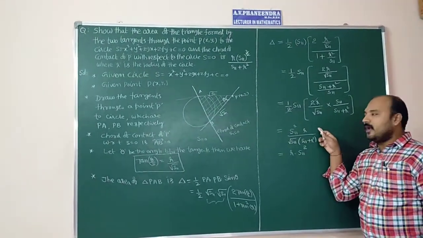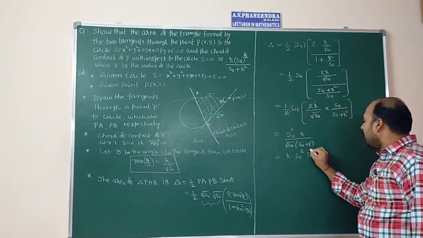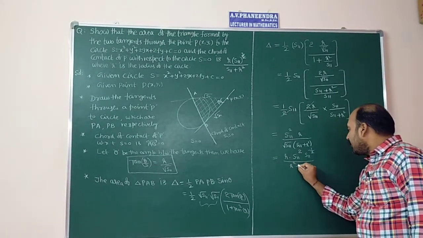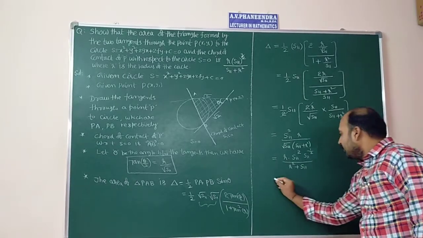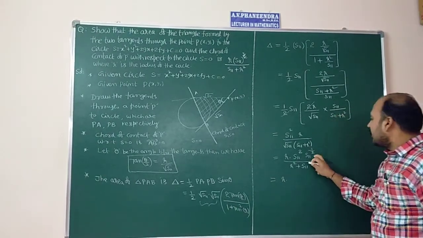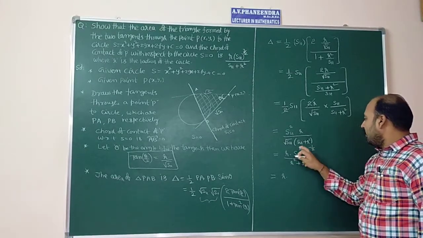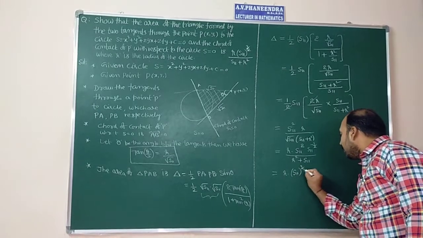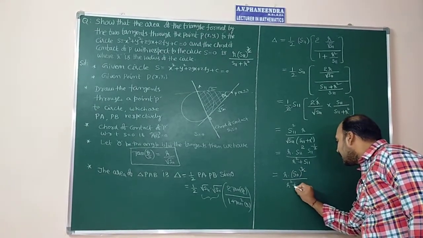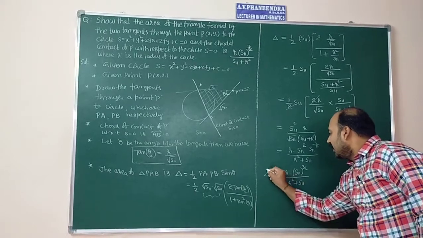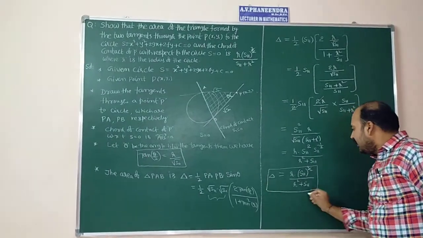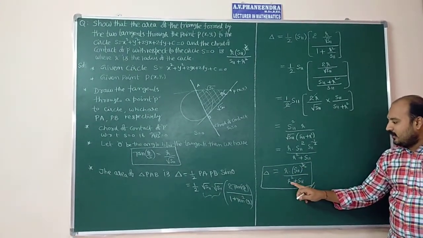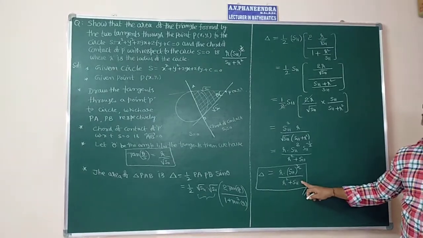That will become, in the numerator, S11 to the power minus 1/2, divided by r² + S11, which is equal to r into, bases are equal, powers should be added, 2 minus 1/2 is 3/2. So S11 to the power 3/2 divided by r² + S11. So the area of the triangle formed by the tangents and the chord of contact is r × S11^(3/2) divided by (r² + S11).